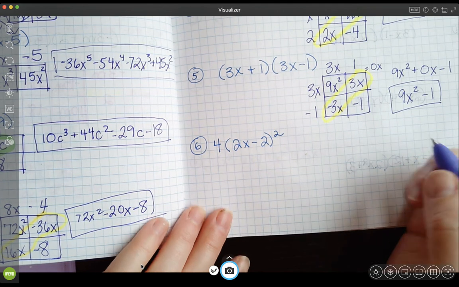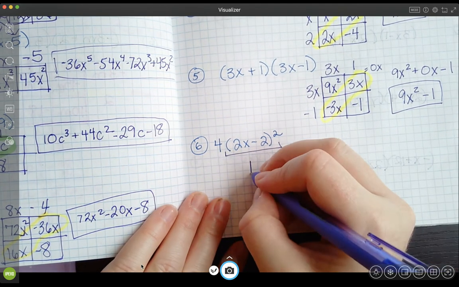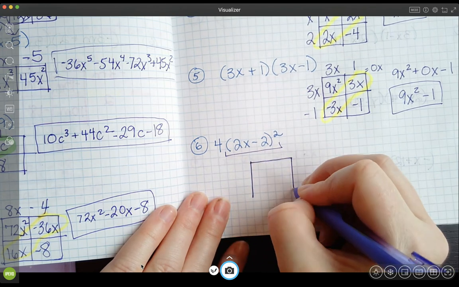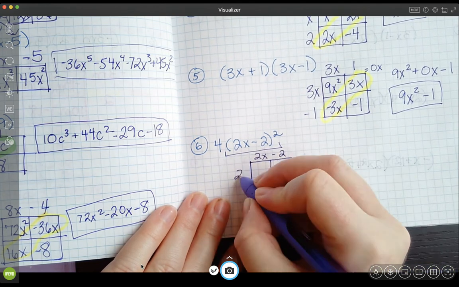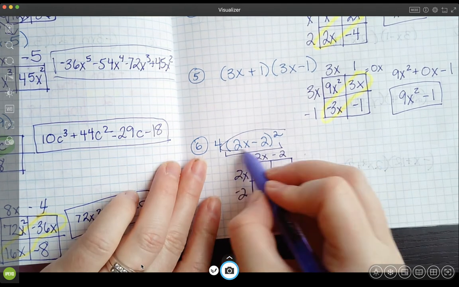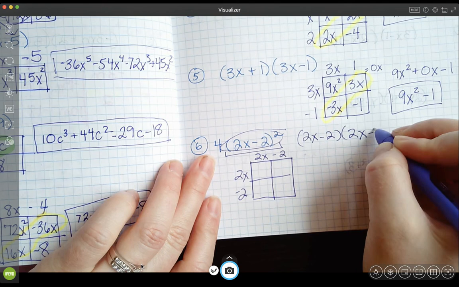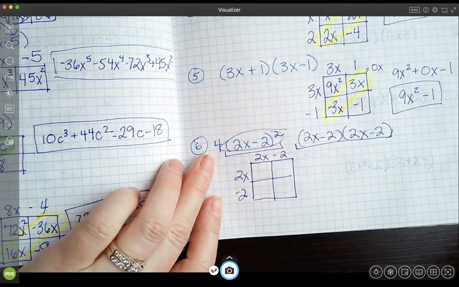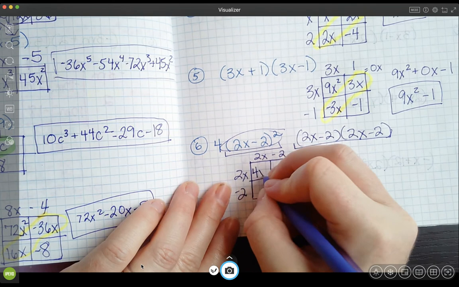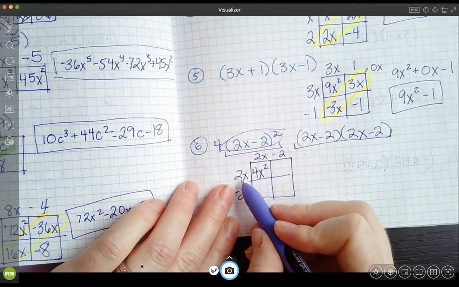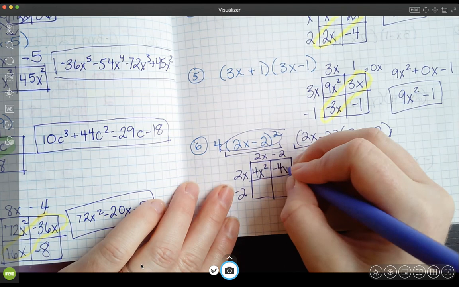Okay, off track now. All right, so you do your exponents first, and then we multiply. So we first got to do this 2x minus 2, because remember this is 2x minus 2 times 2x minus 2. So we first want to do this, because that's your exponent. So 2x times 2x is 4x squared. 2x times a negative 2 is a negative 4x.